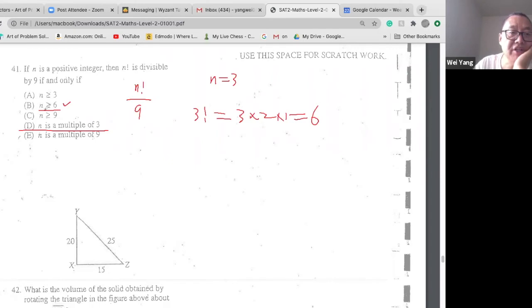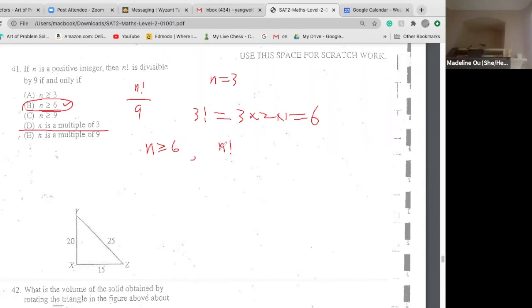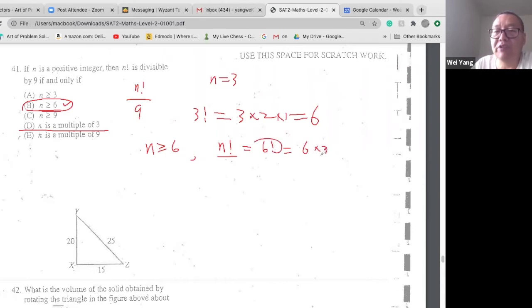So the correct answer is B. When n is greater or equal to 6, then n factorial will at least be 6 factorial. In 6 factorial, you have a 6, then you have a 3 there. Right? Definitely this 6 factorial will be divisible by 9. So this direction is right.